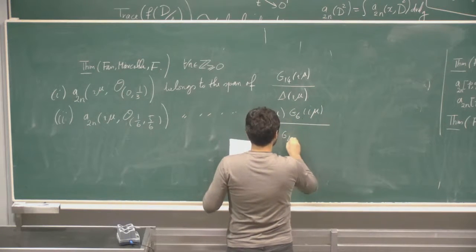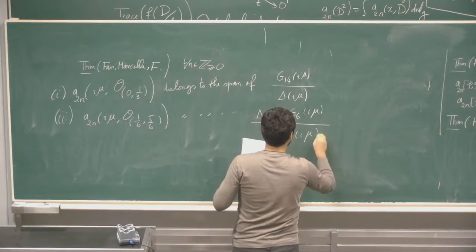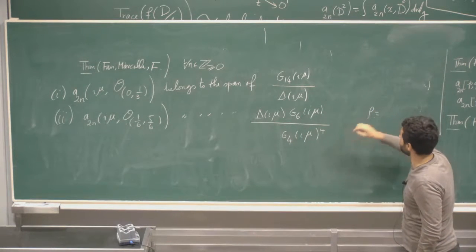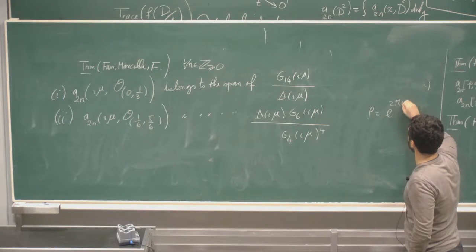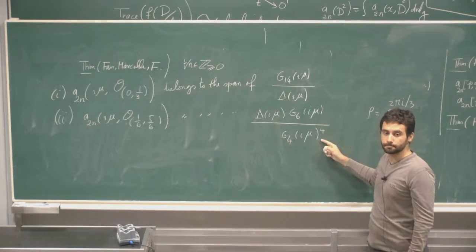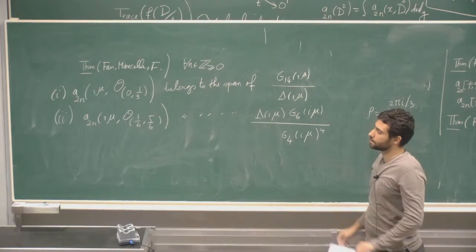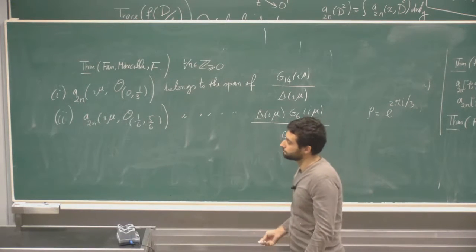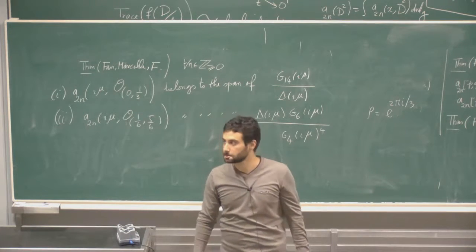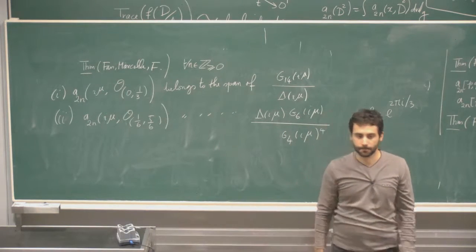This Eisenstein series G4 has a zero at the point rho equal to e to the power 2 pi i over 3, so there is a pole of order 4 at this point. In this way we can explicitly write these modular forms in terms of the well-known Eisenstein series and the modular discriminant. Thanks, I stop here.